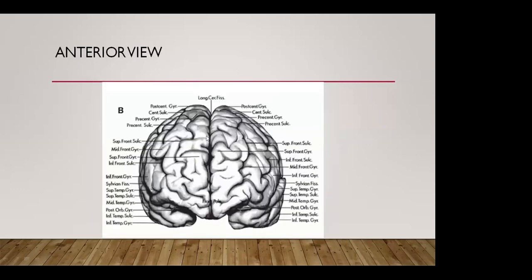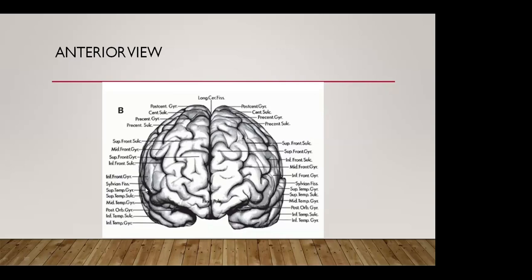Then going on to the anterior view of the same, looking from the front. Anteriorly we have the frontal lobe and frontal pole, and we can see the superior frontal gyrus separated from the middle frontal gyrus by a superior frontal sulcus, and the inferior and middle frontal gyri separated by the inferior frontal sulcus.